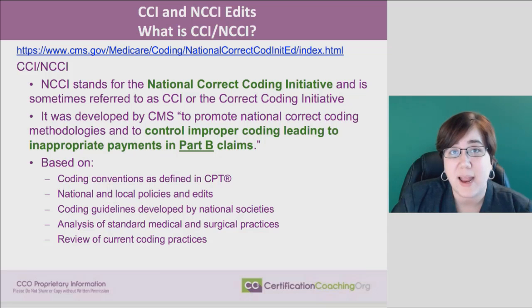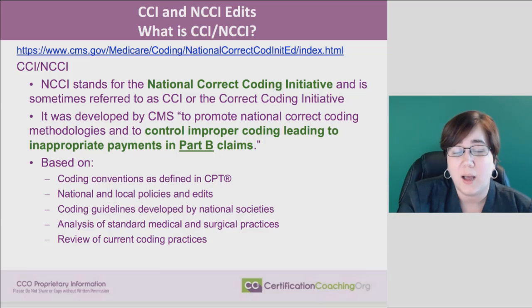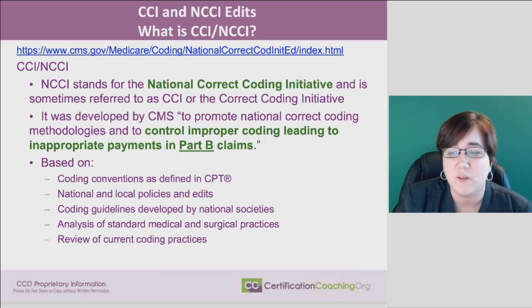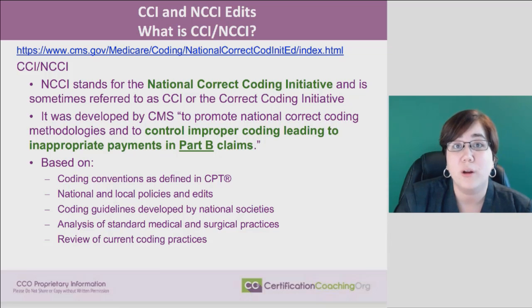And if it's something that has to be performed, for example, if you're going to perform an endoscopy on a patient, maybe an esophageal endoscopy, oftentimes there's got to be some sort of intubation done. So that may be bundled as we start to look at these services. Those are the types of things we're looking at. And obviously they review current coding practices to see should this be a separately allowable service.